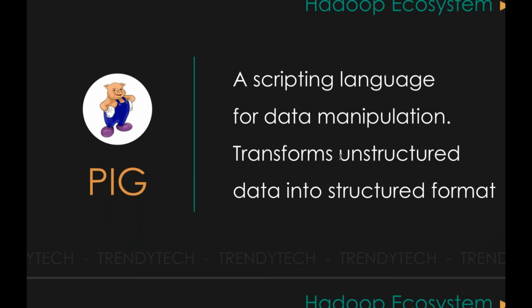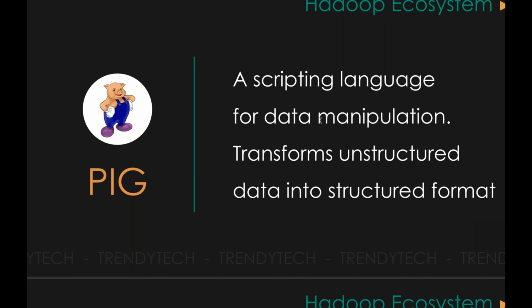Now let me ask you a question. Is Pig internally a MapReduce? We said Hive internally is a MapReduce. Is Pig also a MapReduce? Yes, definitely. Pig is also a MapReduce underneath. It is an abstraction of MapReduce. That means if you want to do the same things using MapReduce Java code, you can do that also.